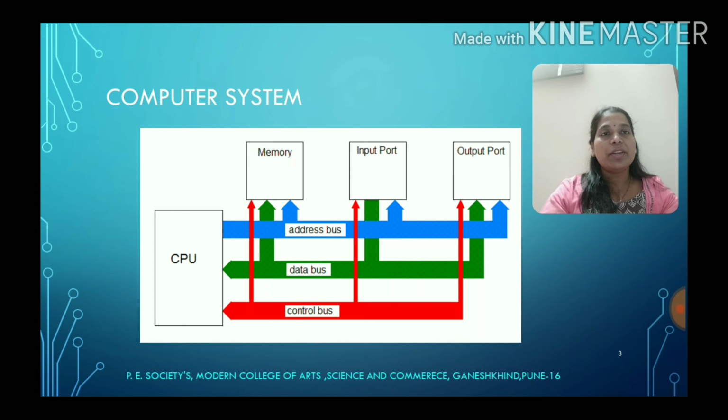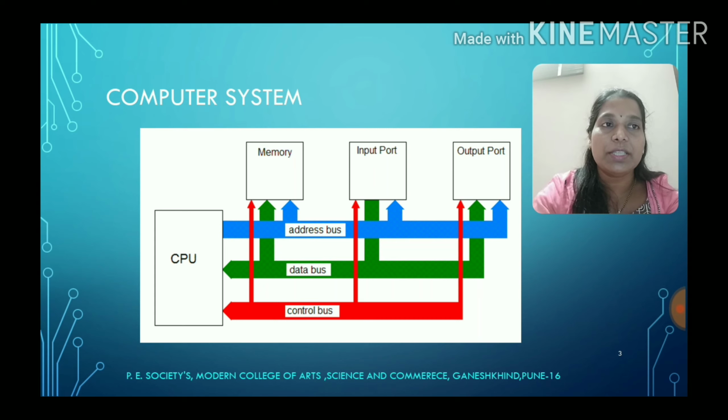Then the CPU generates a control signal on the control bus to synchronize the data flow. And then the selected device and the CPU communicate data via the data bus. This is all we have as a basic part of any system.